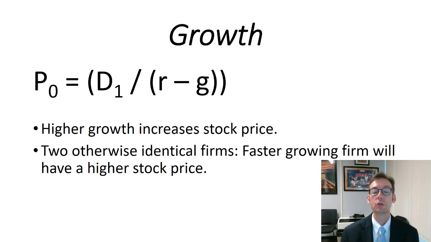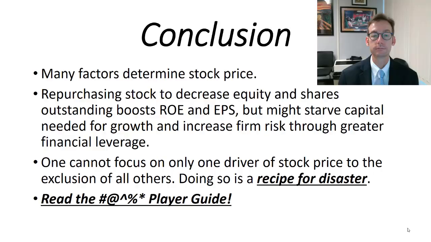So if you have two otherwise identical firms, the faster growing firm will have a higher stock price. Sometimes students say to me, wait a minute, we have the same ROE, we have the same EPS, and we have the same credit rating. Why is our stock price lower? And I tell them, it's because your firm is not growing as quickly as your competitor.